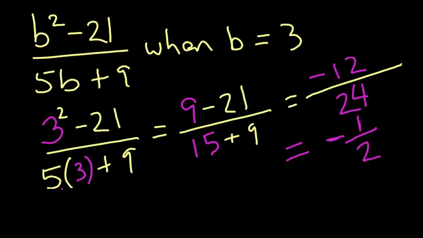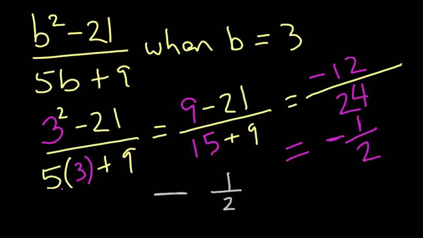One thing I want to point out here has to do with the negative sign. This negative sign can go on the top, on the bottom, or out in front. The book would usually write negative sign 1/2 on the whole thing.